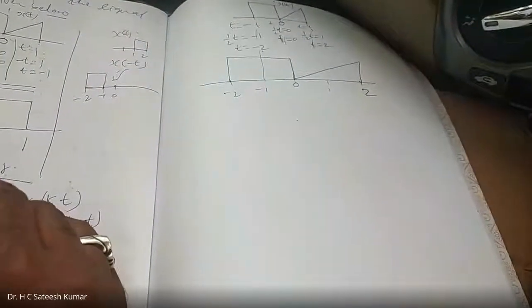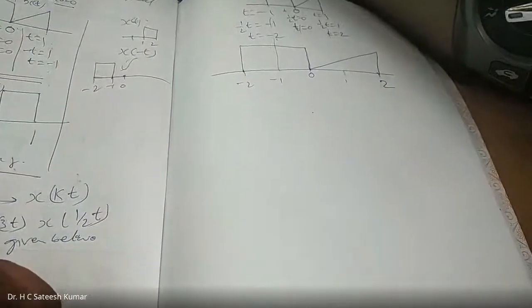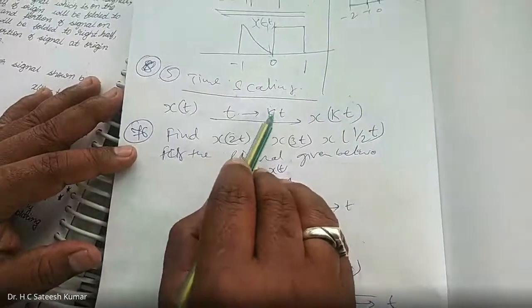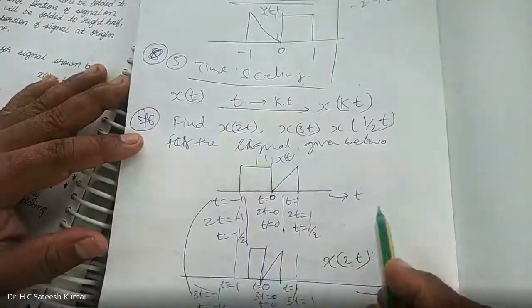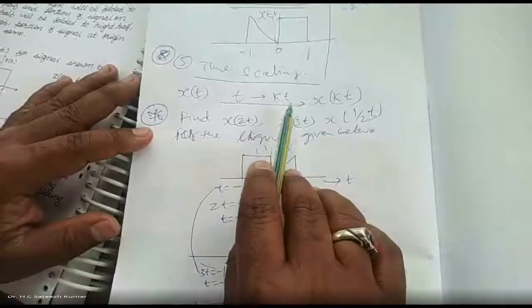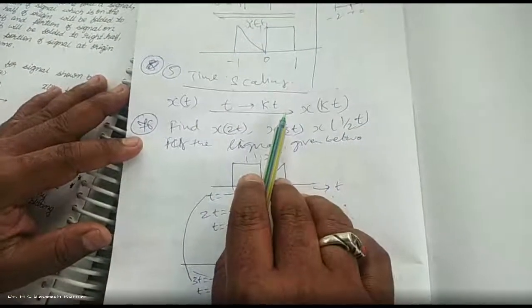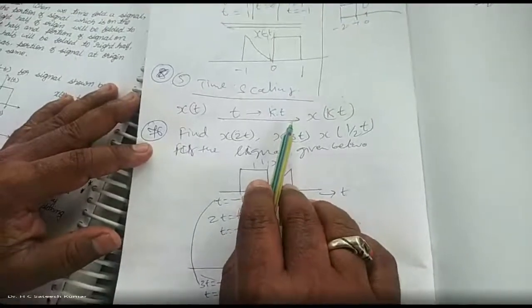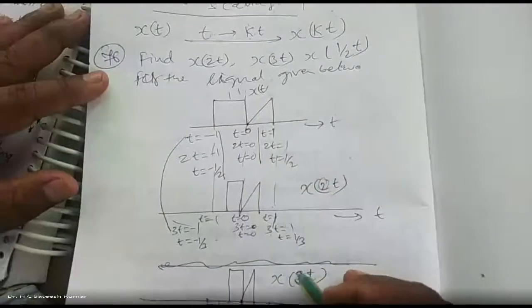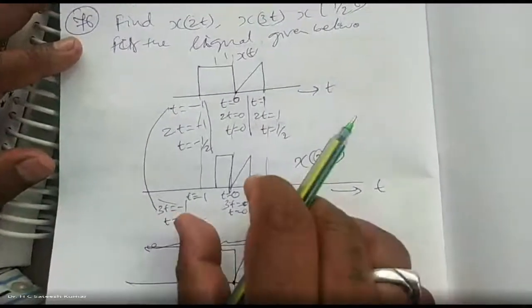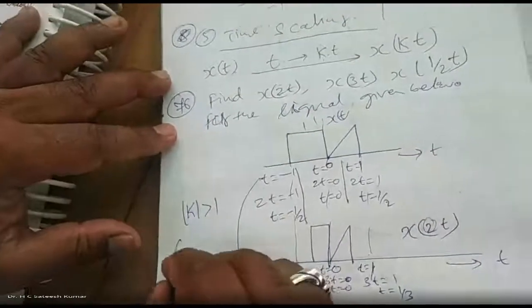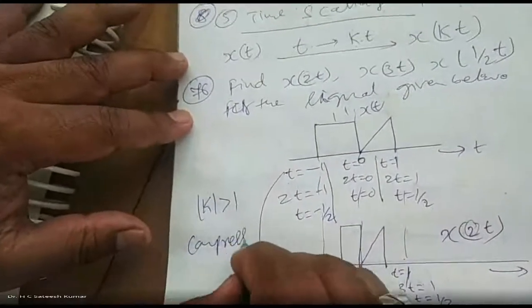If the k value, see, replace t by kt, we said. The scaled version of any signal x of t is obtained by replacing t by kt, and depending upon the value of k, there may be a compression or there may be expansion. If the magnitude of k is greater than 1, compression will take place.